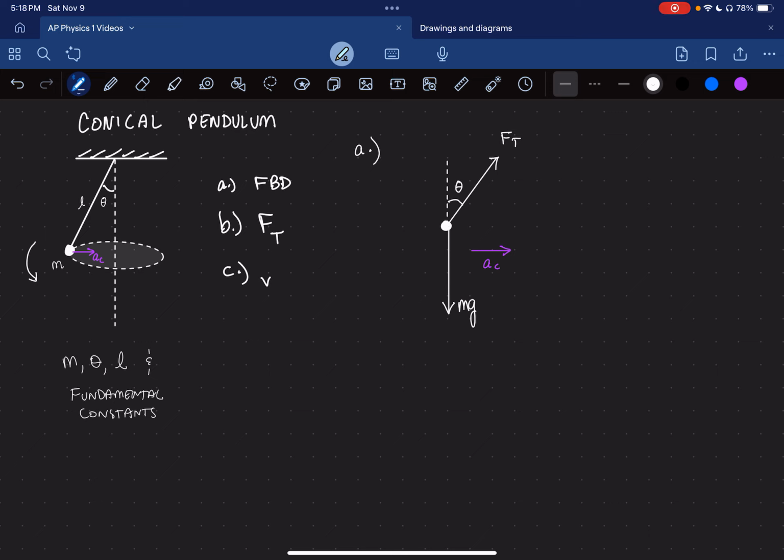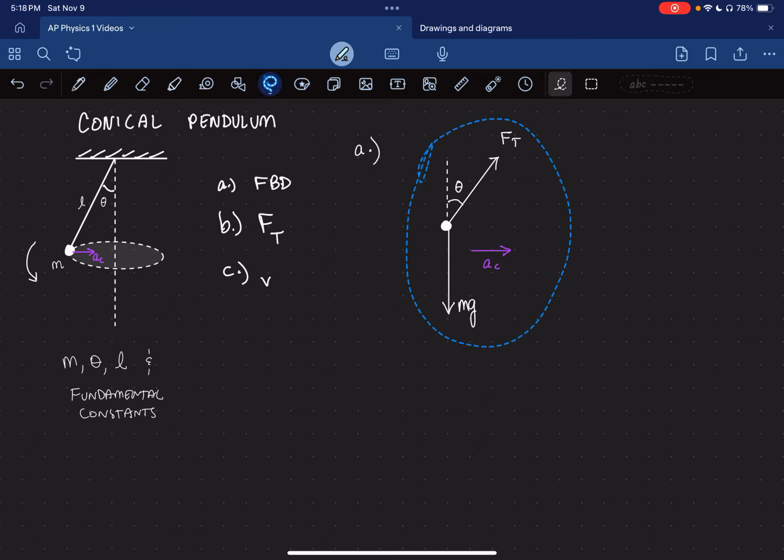It's the tension force. And so I'm going to cheat and copy this. Remember that if you are breaking up a free body diagram into components, or a force into components, you've got to do that separately from the free body diagram.